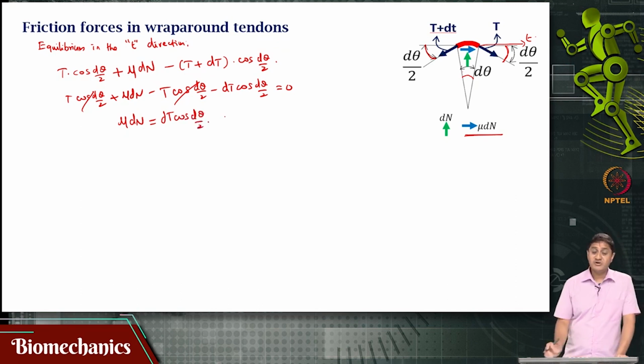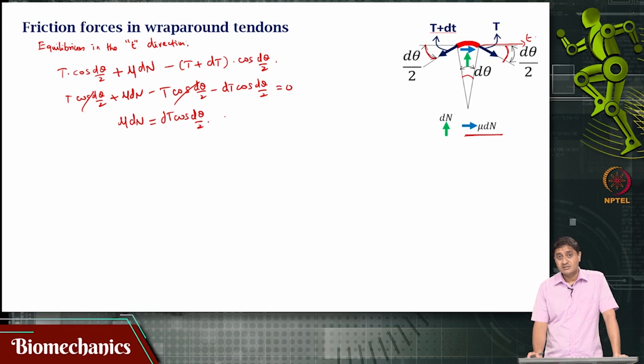But for small theta, cos d theta by 2 is actually 1. Because d theta already is an infinitesimal quantity, here we are talking about d theta by 2, that is almost like cos 0, is it not? D theta by 2 is very close to 0.